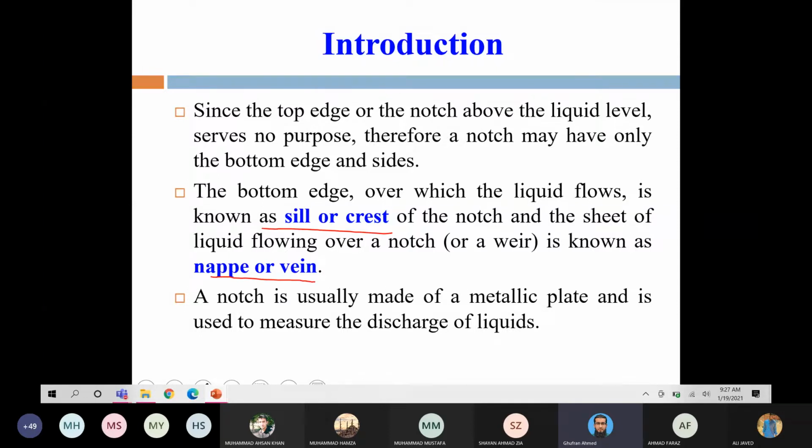So the bottom part over which the liquid flows is the sill, and the water which flows over the sill is the nappe or vein. A notch is usually made of a metallic plate and is used to measure the discharge of liquids. Any question up till here?